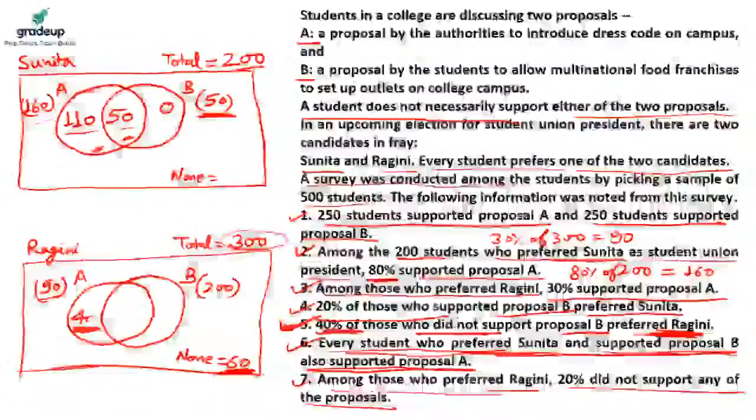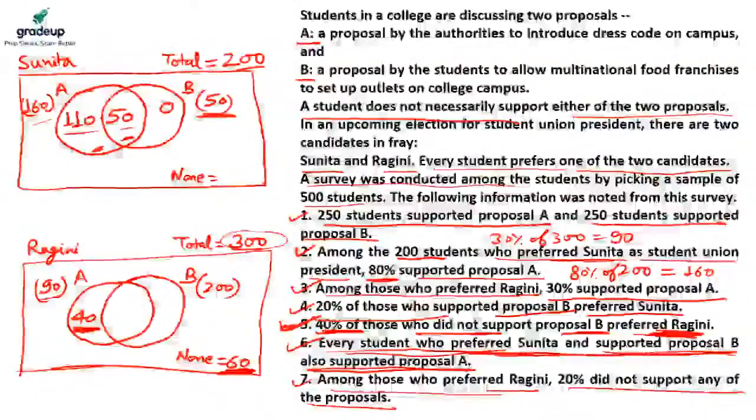This is one logic. Or what you can do, guys, notice one thing. Another way, you could have ignored point number 5, or what you could have found. See, notice one thing. Can I say for Ragini, A union B is nothing but for Ragini, it is 300 minus 60, right?